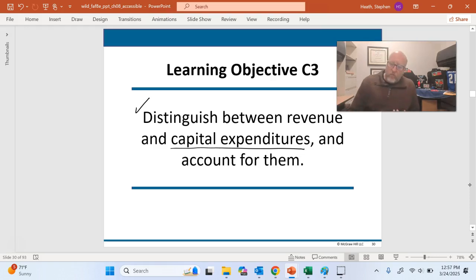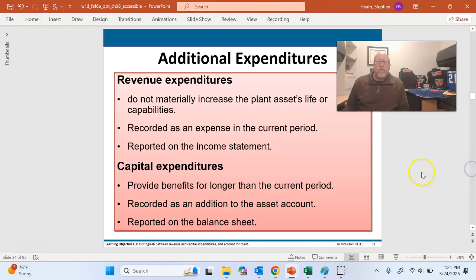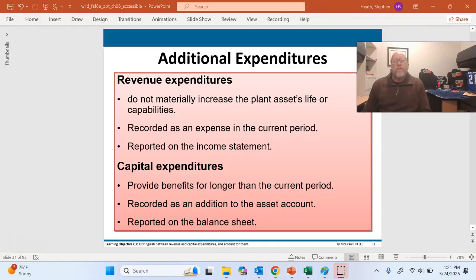Whereas a revenue expenditure just goes straight into the income statement. Revenue expenditures do not materially increase the plant asset's life or capabilities. We record them as an expense and they show up on the income statement.